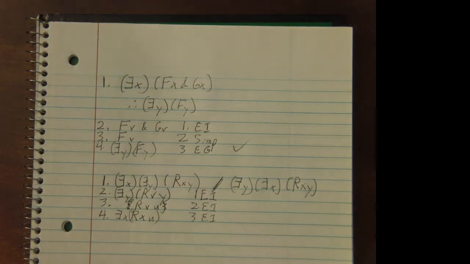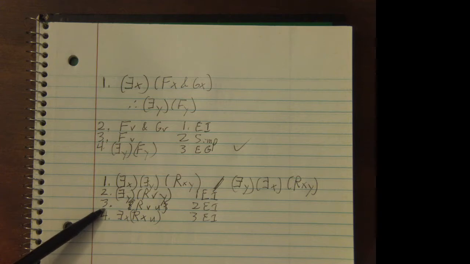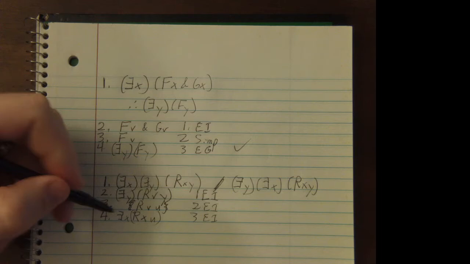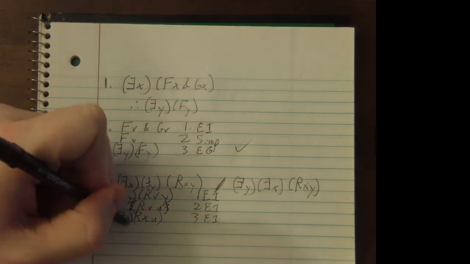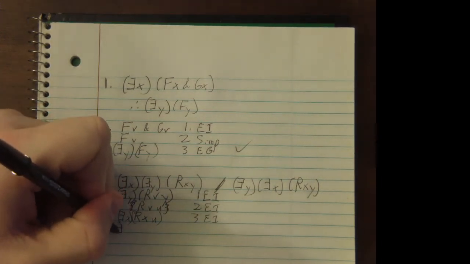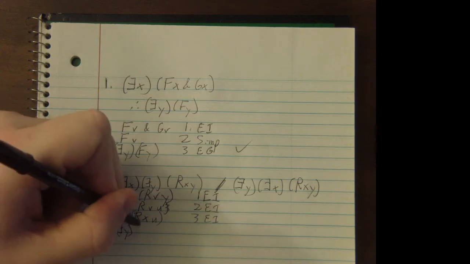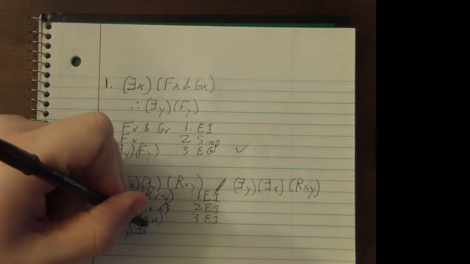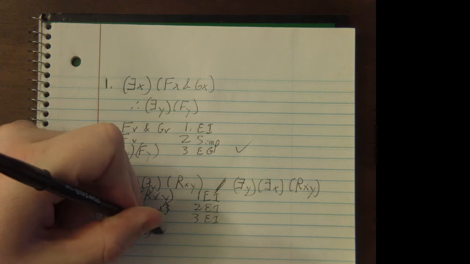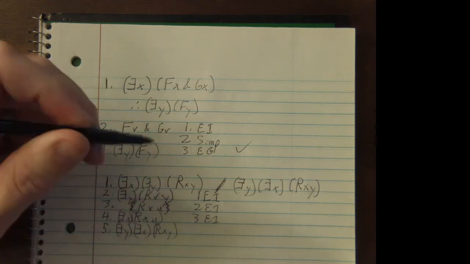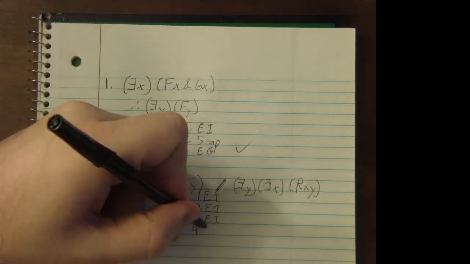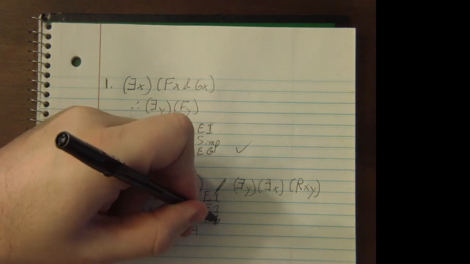And notice, so again, that's fine because x was not occurring in line 3, and I didn't make any other changes. And then just have to do it again. There exists a y, and there exists an x, such that r x y. That's EG, EG.